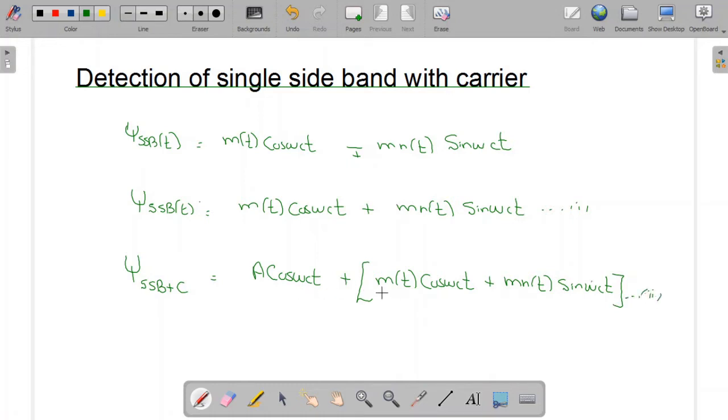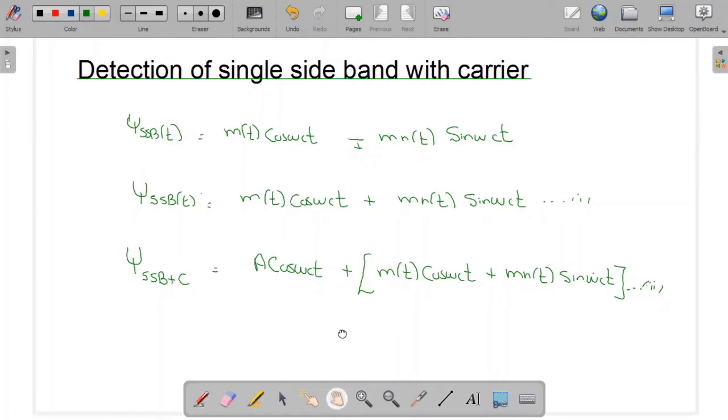Now this message signal m of t can be recovered using synchronous detection. It can also be recovered using the envelope or rectifier detection, provided that A, that is the carrier amplitude, is large enough. So let us show mathematically that the message signal m of t can be recovered by the envelope detection.